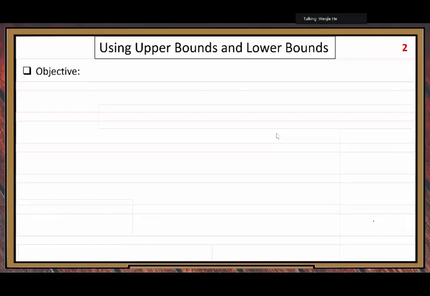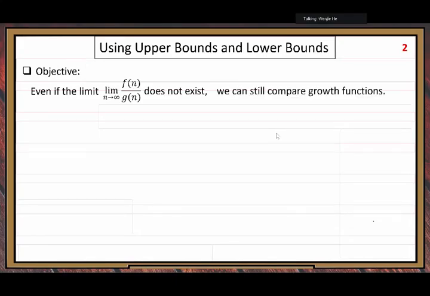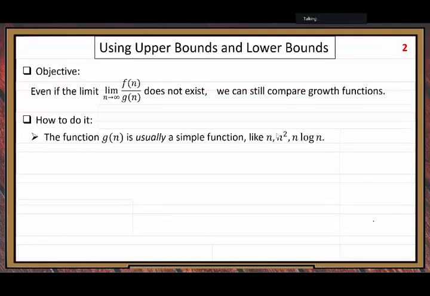So the objective here is to go to a different technique. When we do comparison, we use inequalities.